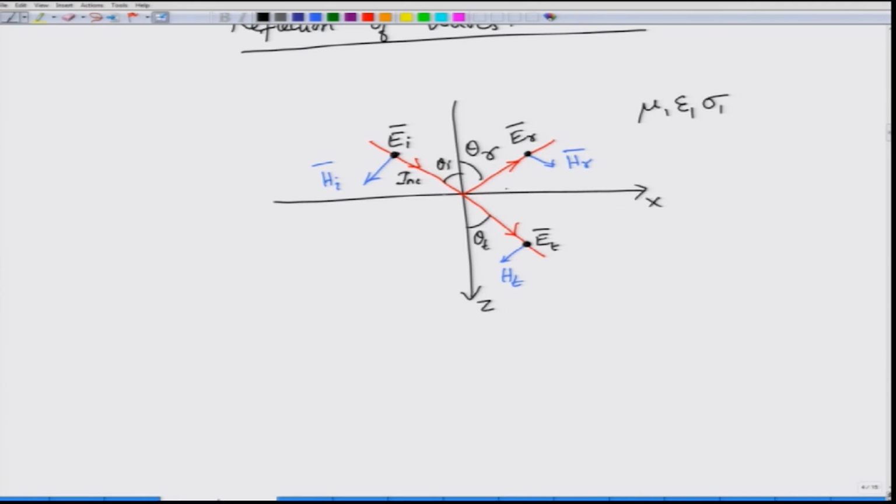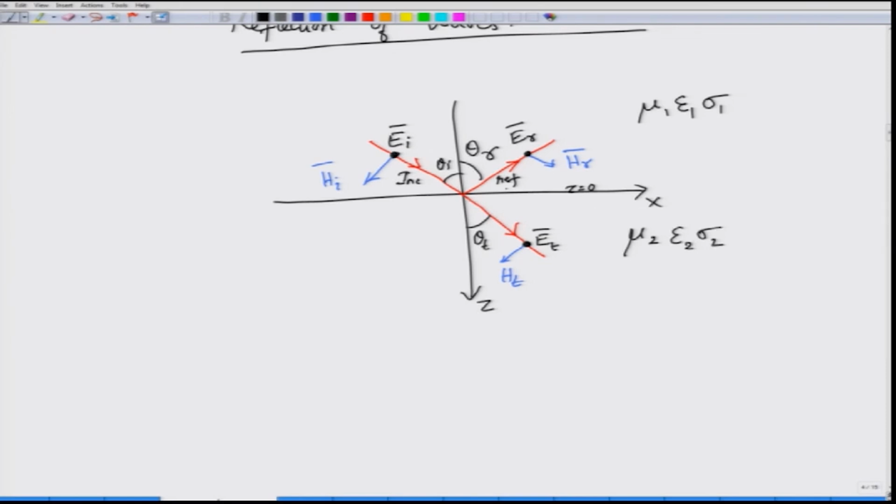The plane of reflection is formed by the reflected light, which is propagating at an angle of theta r with respect to the normal. The normal is along the Z axis. Okay. So, this point is Z equal to 0, obviously the interface which is separating the two media. The second medium has constants mu2, epsilon 2 and sigma 2.